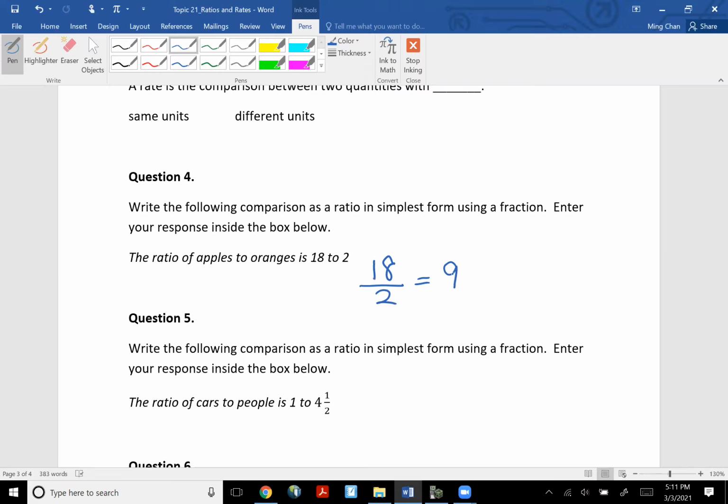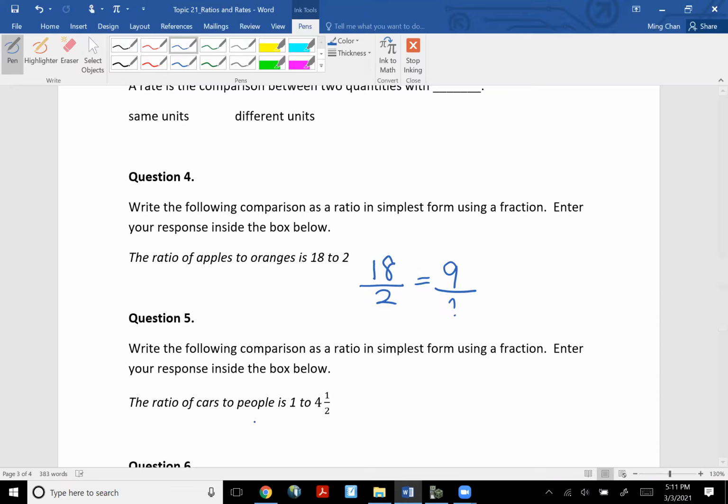This 9 is automatically over which number down here? The entire thing will be your answer: 9 to what number? Make sure you write it as a fraction. The answer has to be a fraction. That's why you need to tell me what this number down here should be as well. If you simply put a 9 for the answer, that will be counted as incorrect, because a ratio compares one number to another number.